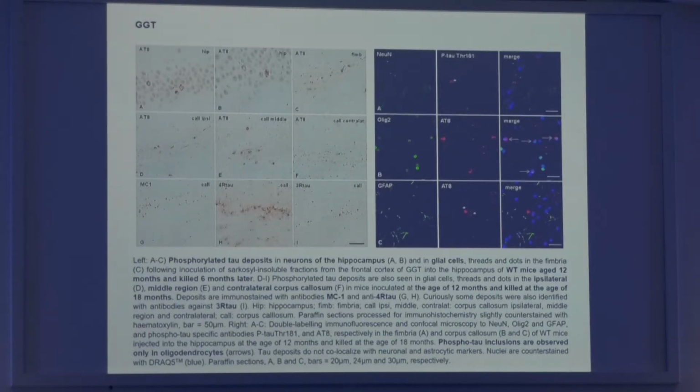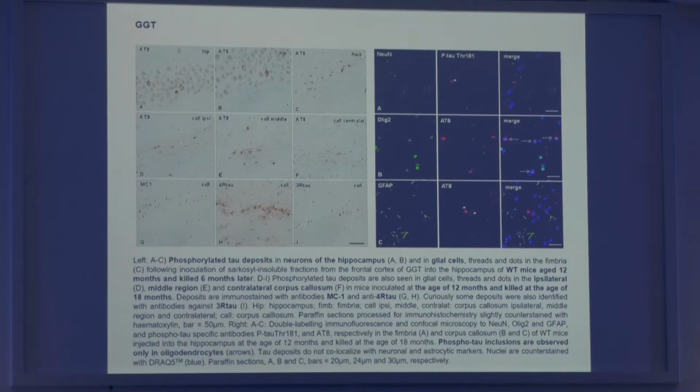Here is GGT, the other one, and it is exactly the same. So we inject in the hippocampus, and then we observe positive neurons in the hippocampus, in the fimbria, in the ipsilateral middle region and contralateral region of the hippocampus. And again, we see 4R and 3R. So this could be expected to be just 4R.